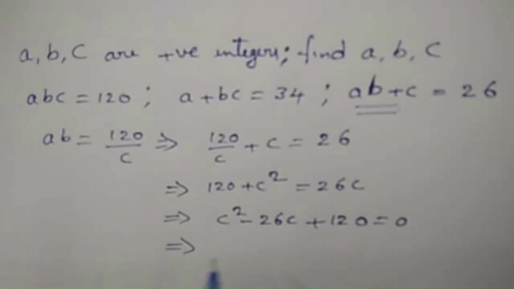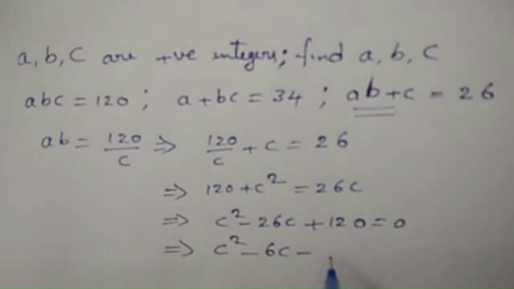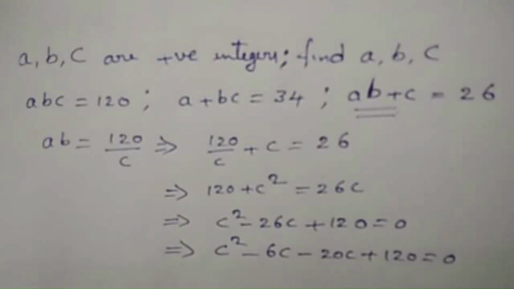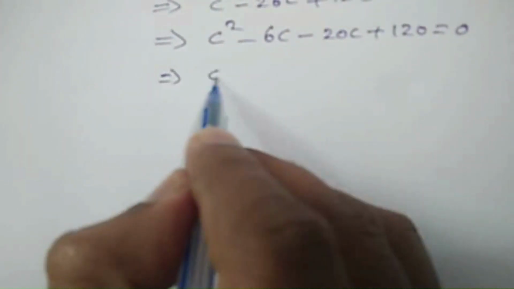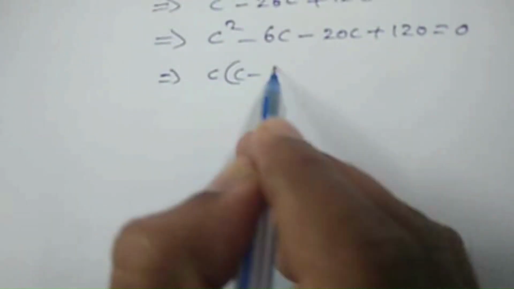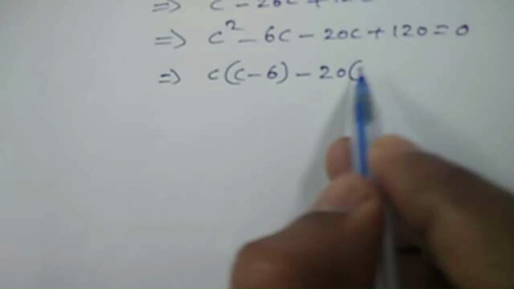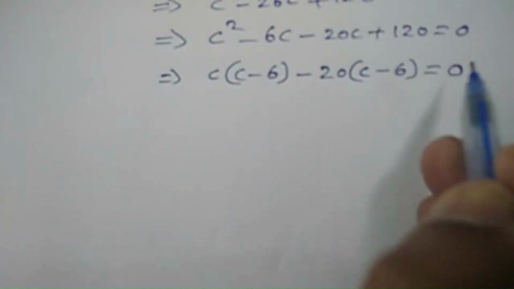That implies c square minus 6c minus 20c plus 120 is equal to 0. Here take c as common, c minus 6, minus, here take 20 as common, the remaining is c minus 6 equal to 0.